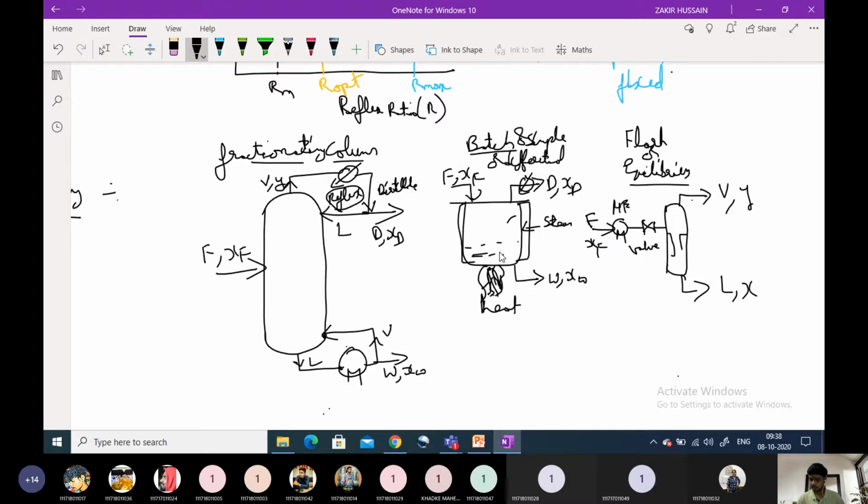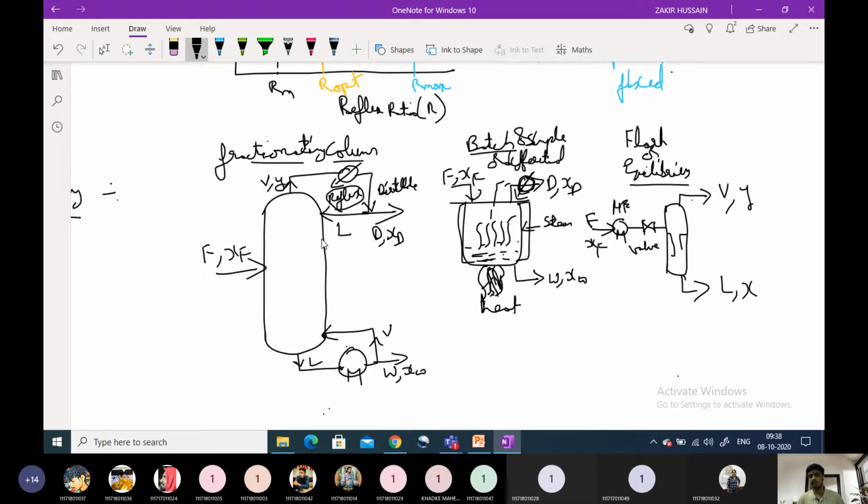Whatever liquid is inside, we collect some part as vapor, and these vapors go outside, pass through the condenser, and give a liquid composition. This composition we cannot control. How much of the more volatile component comes in the distillate, we cannot control here. Here also, how much of the more volatile component or how much vapor comes out, we cannot control because we are not supplying direct heat here either.